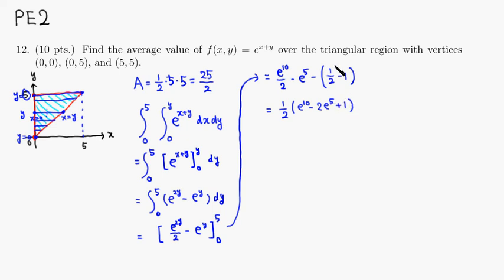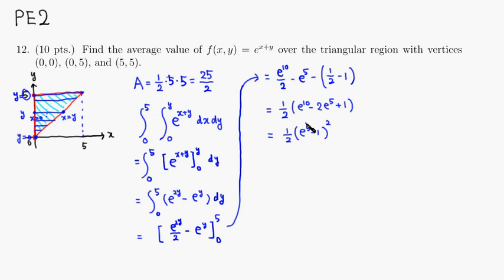And we can actually factor this out, so this is going to be 1/2 times e to the 5 minus 1, squared. So that's the integral.